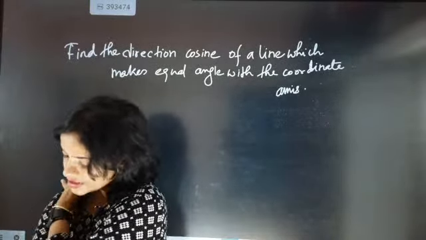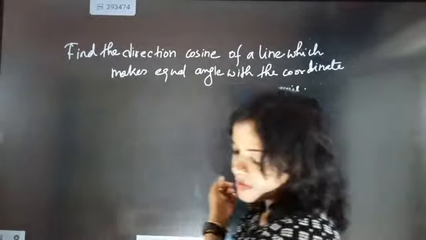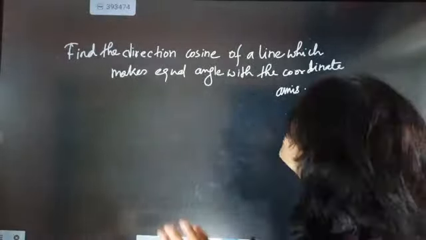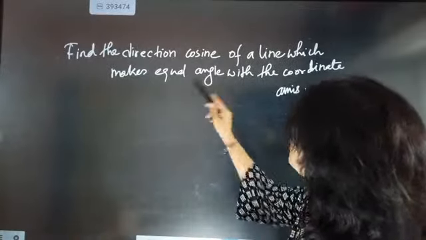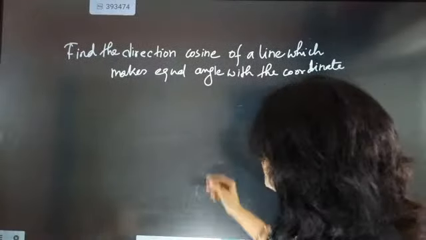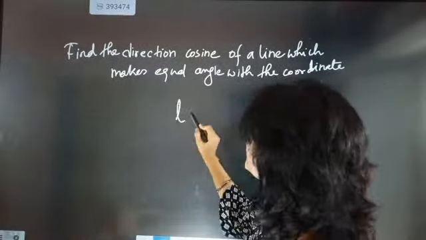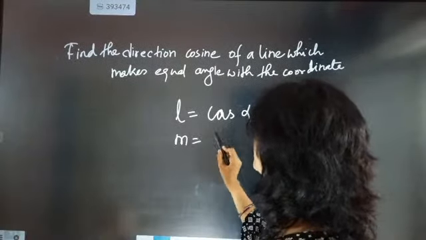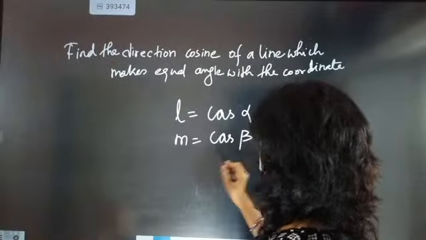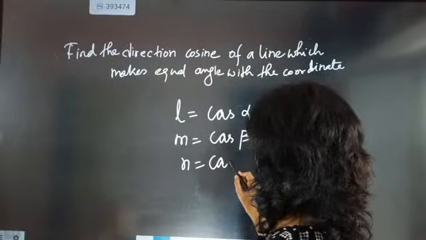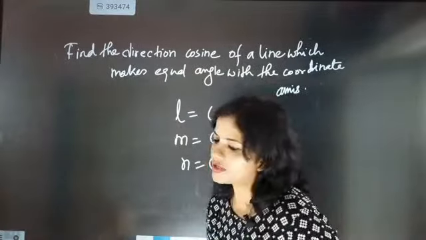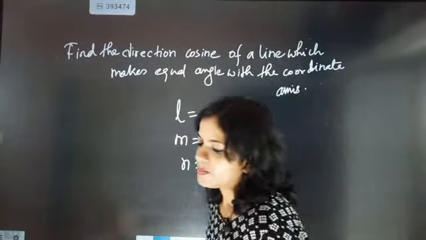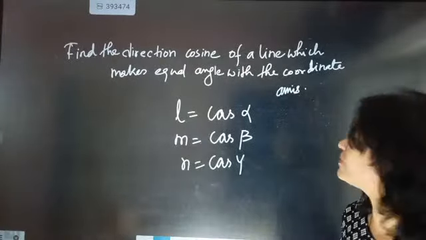Just one simple application and you will be able to solve, because one very important point is written: find the direction cosine of a line which makes equal angle with the coordinate axes. Now you know one very important point, L will be equal to cos alpha, M will be equal to cos beta and N will be equal to cos gamma.